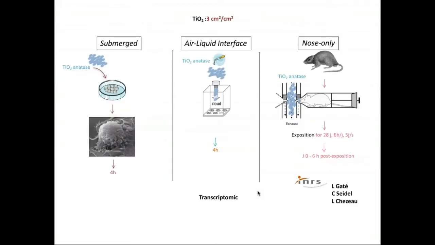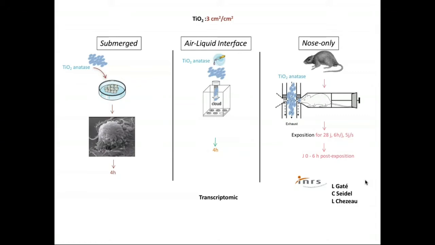We also try to compare the different exposures we can have. As I said, we usually use a submerged system. We also had access to an air-liquid interface, and we had the chance to collaborate with INRS, mainly Laurent, Carole, and Laetitia, and we gathered the data for titanium dioxides.